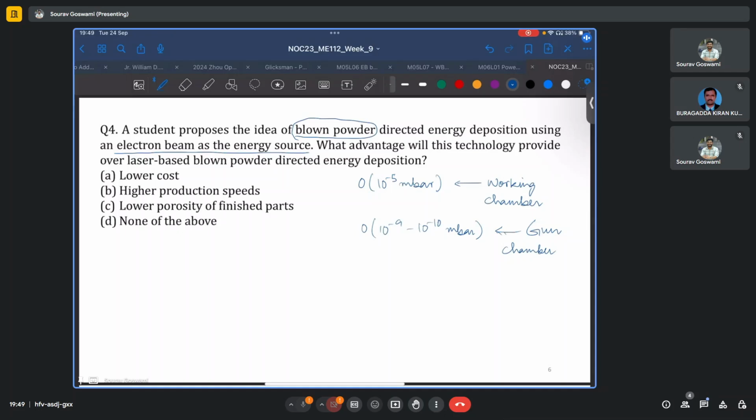And once the vacuum is lost, the electron beam based process cannot work well because electrons being very light particles, when they collide with these molecules of argon or nitrogen, they will simply get scattered and they will not reach the substrate or P layer to transfer or transmit kinetic energy. So this process will simply not work at all. Thus the correct answer is D, none of the above, as the process is not feasible.